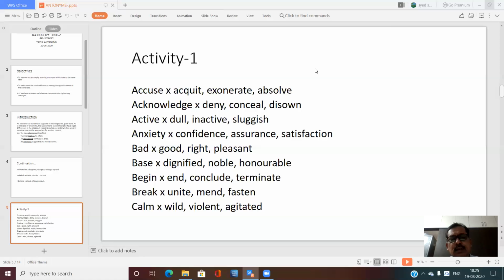Violent, opposite meaning non-violent. Wild, another opposite meaning, domestic. Here, break, mend. There is a word mend, meaning repair. Then this is the first slide.